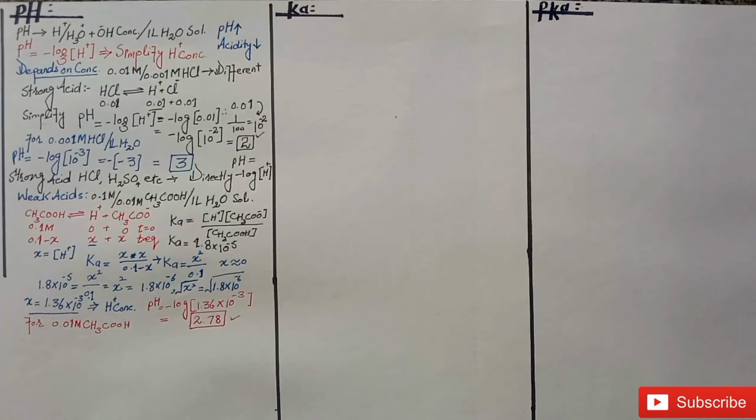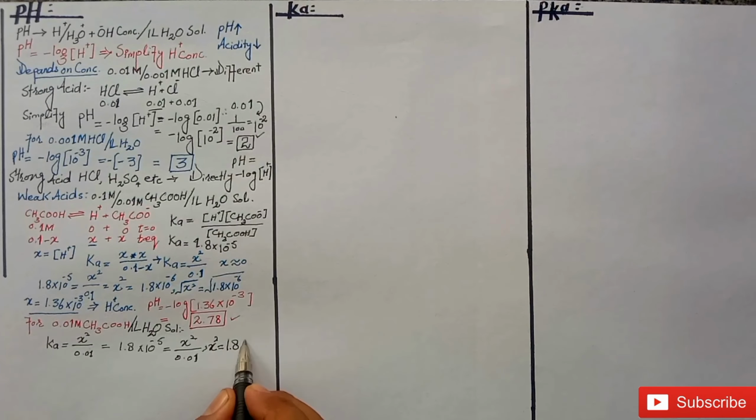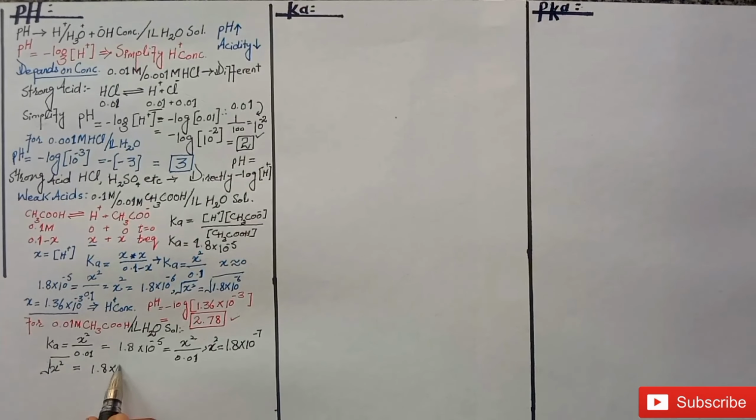Now, similarly, we can find out the pH of 0.01 molar acetic acid in 1 liter of aqueous solution. As we know the initial concentration value and Ka value, we can find out the value of X. By simply solving the equation, we can find out the value of X, which is actually the concentration of hydrogen ions. This comes to 4.24 times 10 power minus 4.